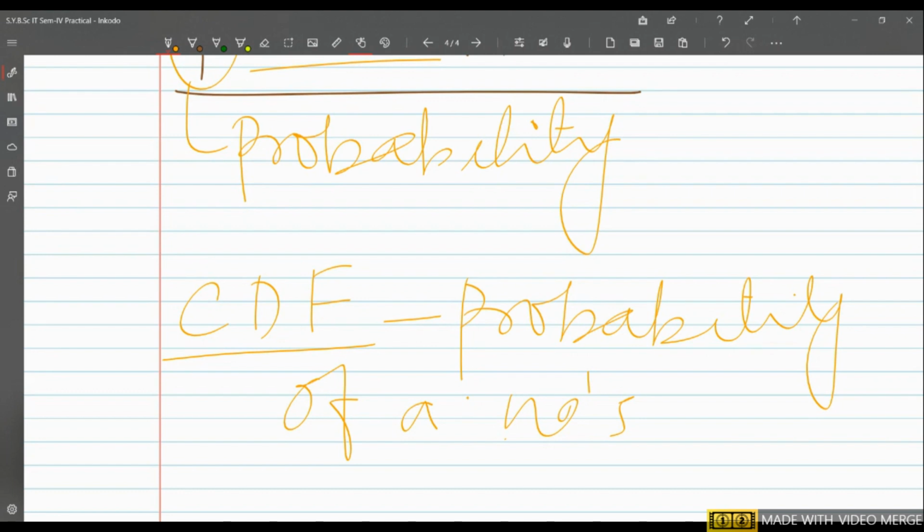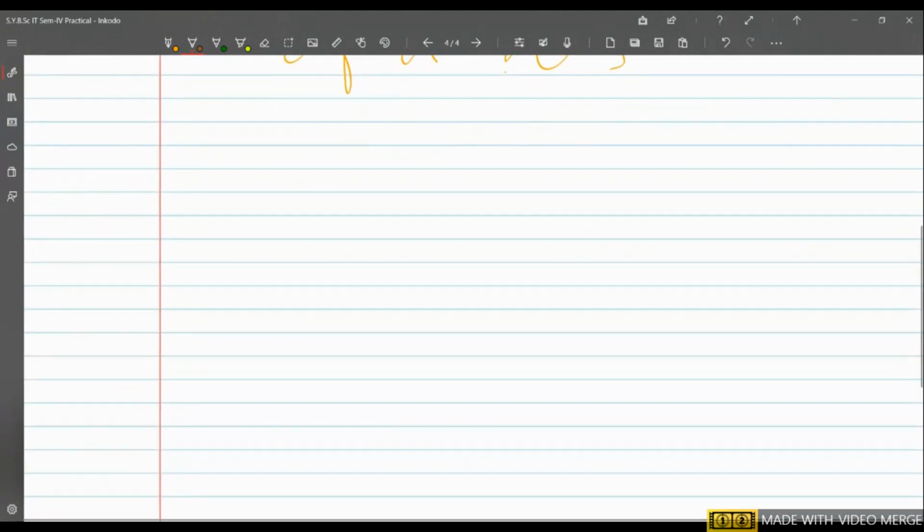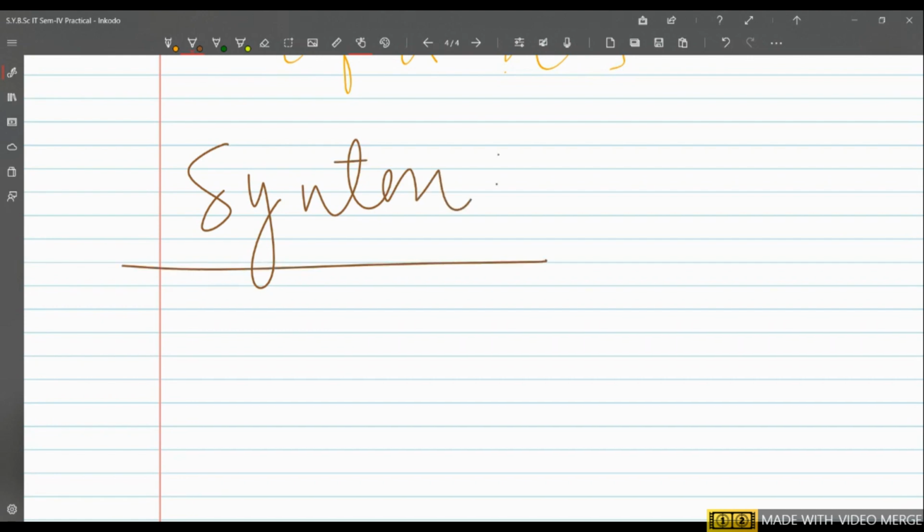Let me write the syntax first. Let me explain the syntax for dnorm also. The syntax for dnorm is dnorm x, where x means the number, then mu and sigma.